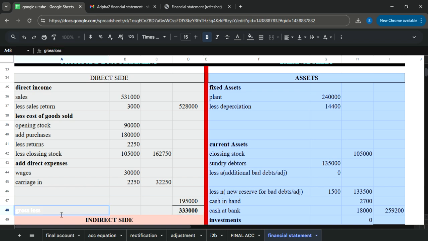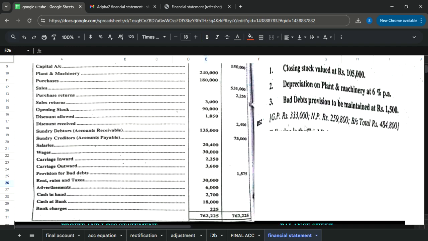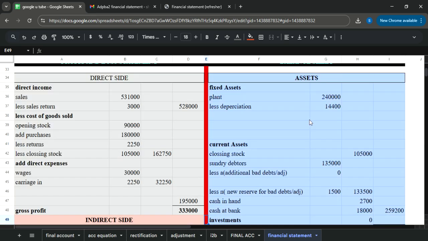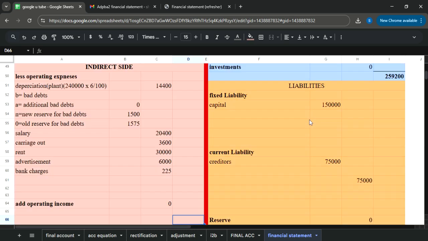Some previous question may have loss, so we will be editing over. So it's a gross profit, 33300. Let's check it out. Here you can see 33300 is your gross profit, and now we are open to see calculations for net profit.